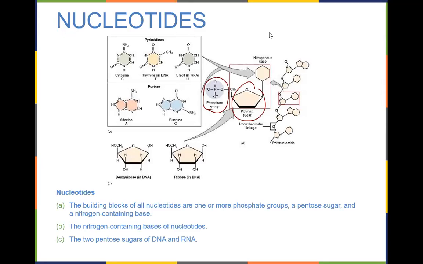There's the phosphate group right there with one phosphate attached. And here is a nitrogenous base. And so here's a nucleotide, and here's a nucleotide, and here's a nucleotide, and here's a nucleotide.